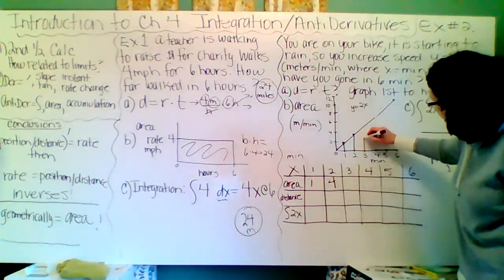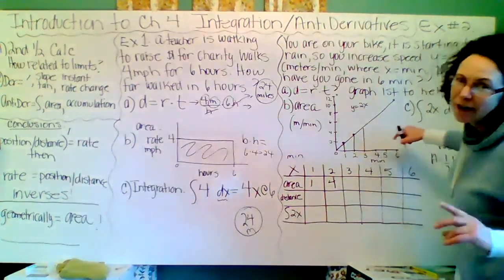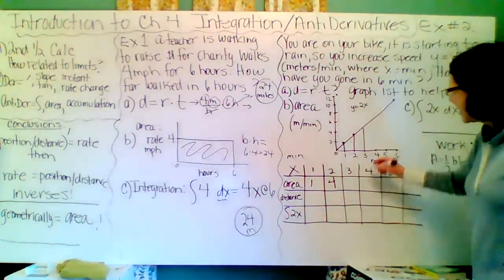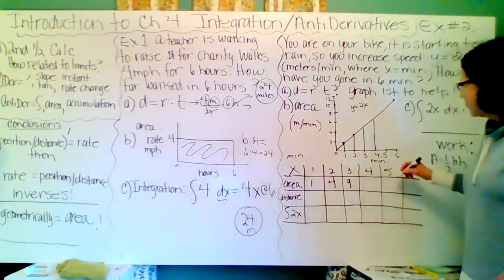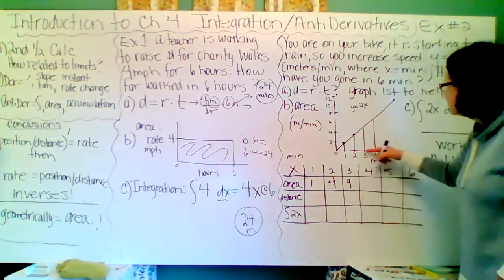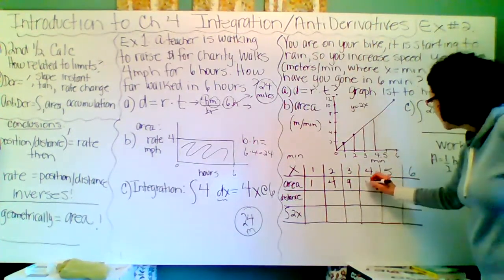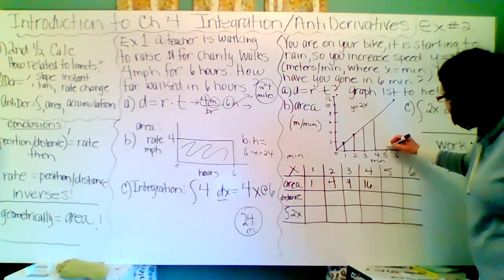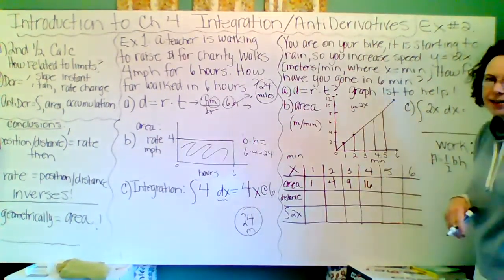Let's go to a base of 3. Base of 3, height of 6, my drawing's a little off, right? That's 18, 1/2 of that is 9. When I go to 4, height of 8, that's 32, and 1/2 of that is 16. Let's see, 5, height of 10, bad drawing, right?